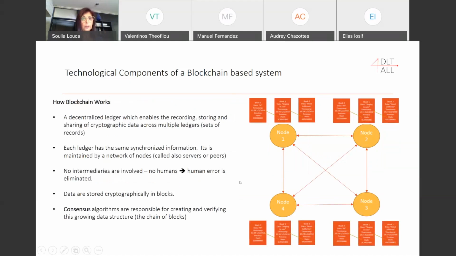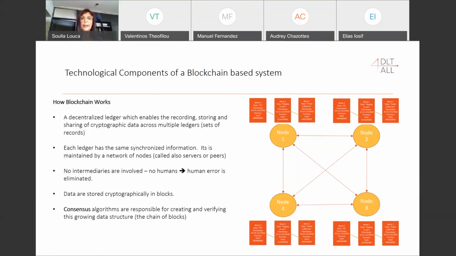So the way blockchain works, we said that it is a decentralized ledger, and that enables the recording, the storing, and the sharing of cryptographic data that represent the transactions across multiple ledgers.